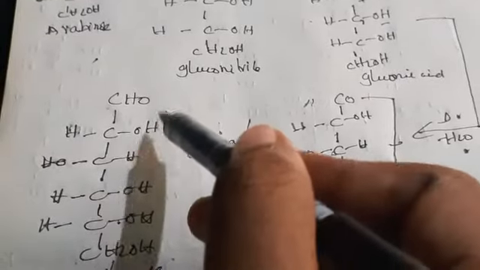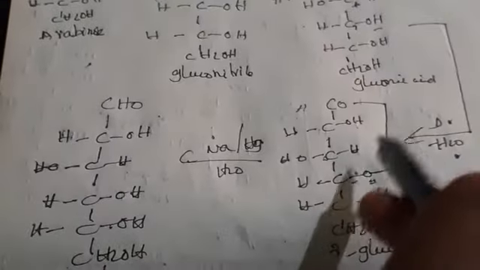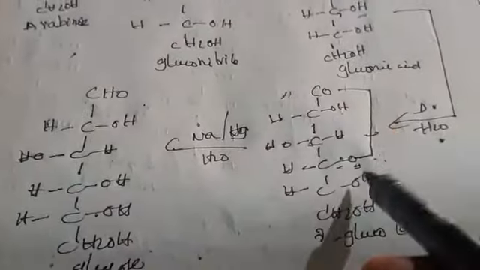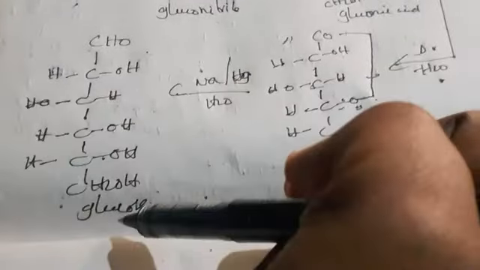When we break this bond, H plus adds here and at the gamma position. So this is about glucose. Arabinose is converted into glucose, or we can say aldopentose is converted into aldohexose. This one we call the Kiliani-Fischer synthesis.